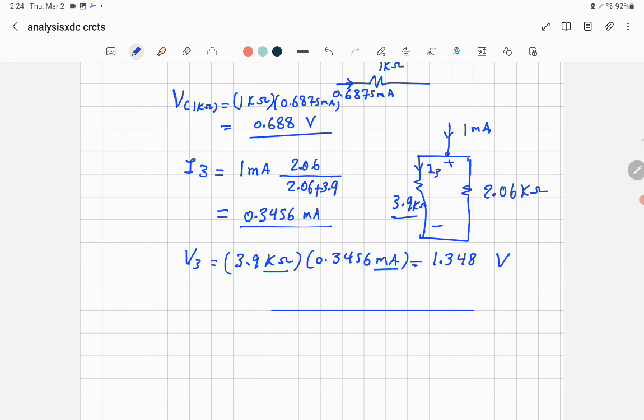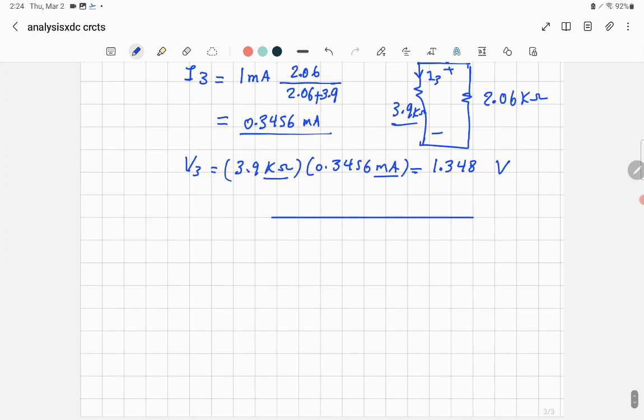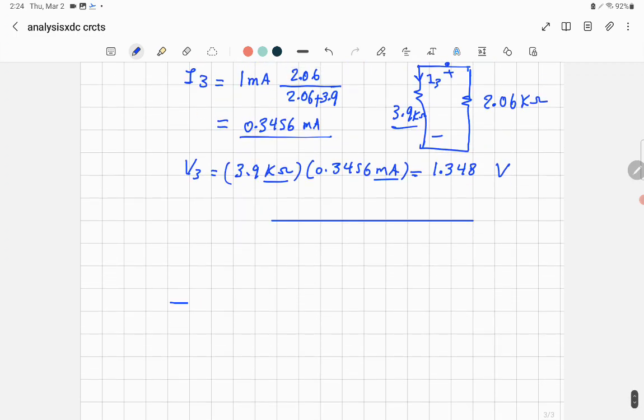For example, let's say you have a voltage source connected to a resistance, and you wish to convert this to a current source. For example, let's say that's equal to 50 volt, and that's equal to 10 ohm.